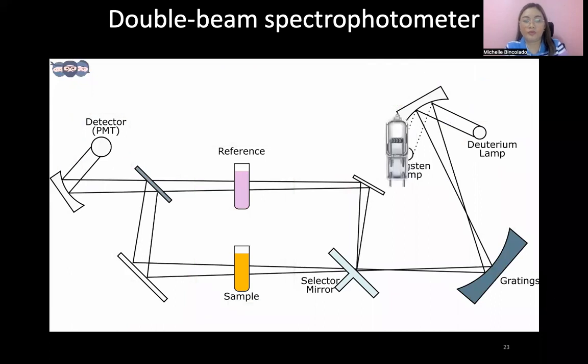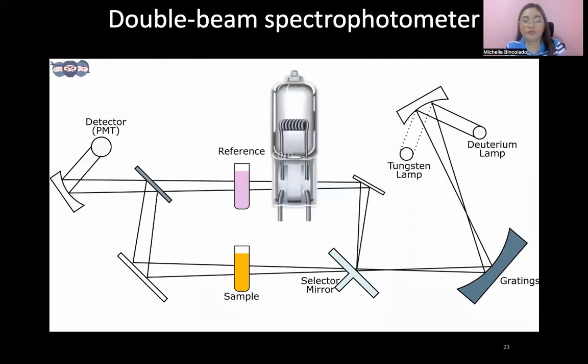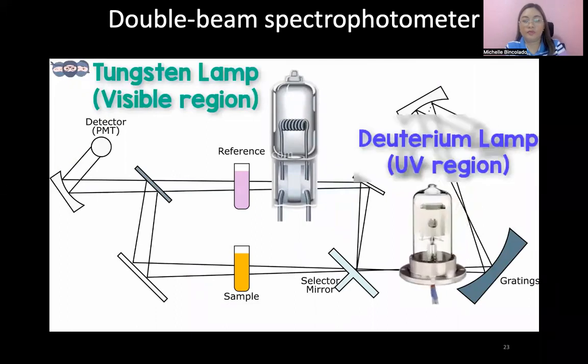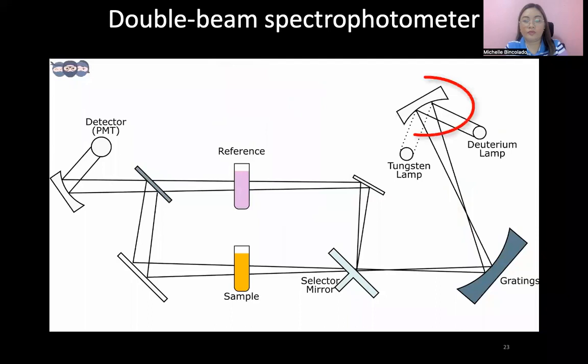The light source is a halogen tungsten lamp operating in the visible region of EMR and a deuterium lamp which produces UV radiations. The intensity of these black body sources can be controlled by varying the voltage applied to them. The next components are optical elements which are responsible for collimating light radiations and focusing them on diffraction gratings.